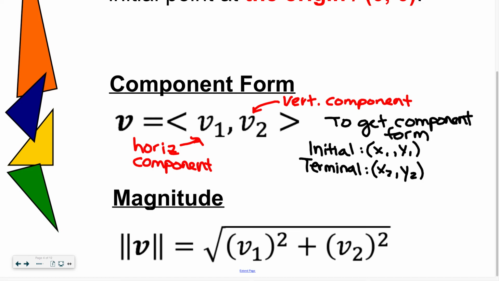So where does it start, where does it end? You gotta know those 2 points. If you want the component form, then subtract your horizontal components, x sub 2 minus x sub 1, and subtract your vertical components, y sub 2 minus y sub 1.